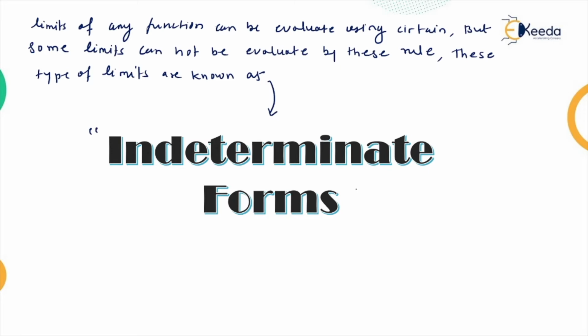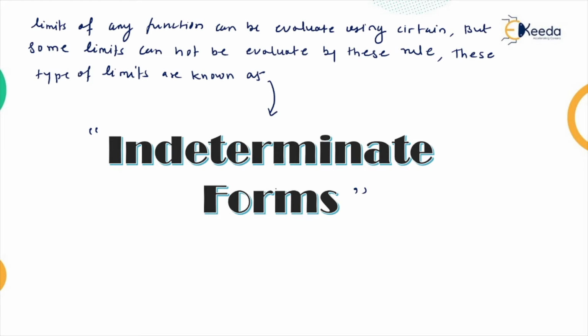There are some complicated examples of limits; some limits are solved by using these rules, but some limits cannot be solved using these particular rules. So that type of limit is known as an indeterminate form. This is an advanced part of limits, guys.